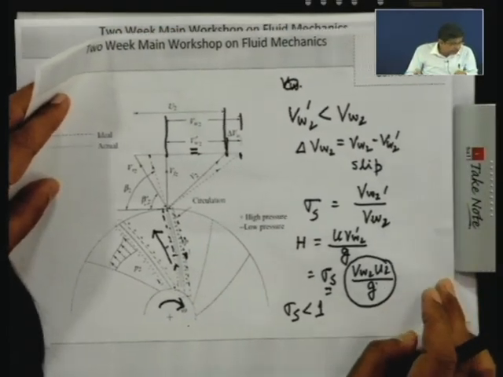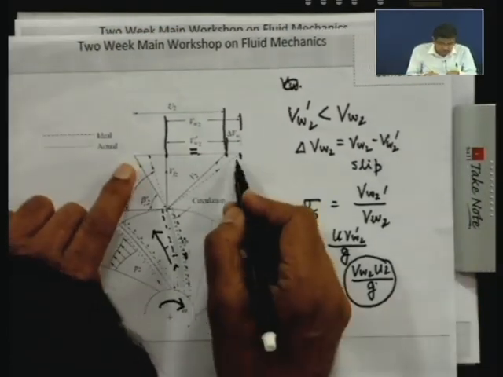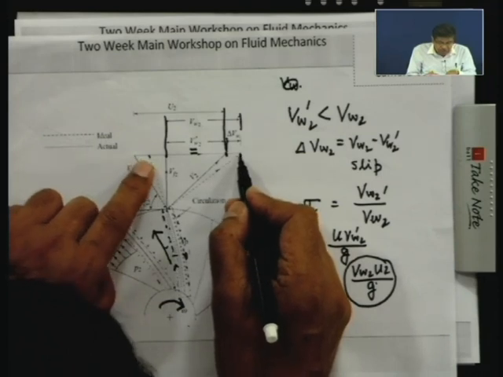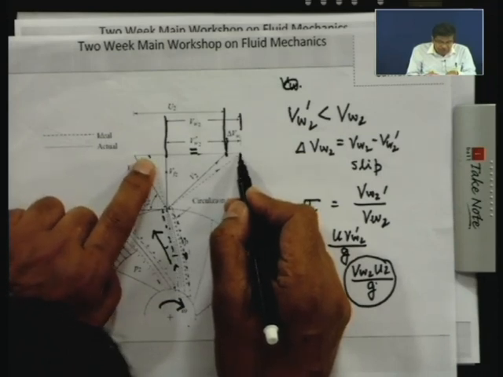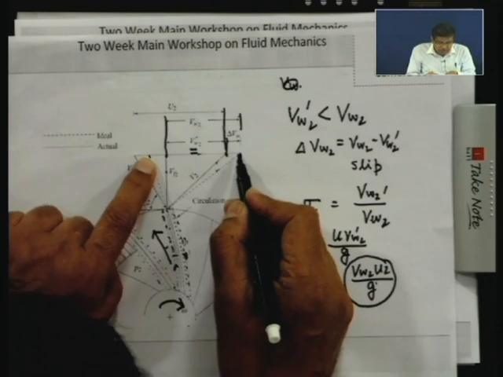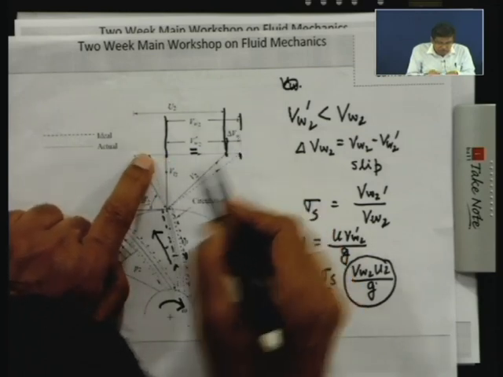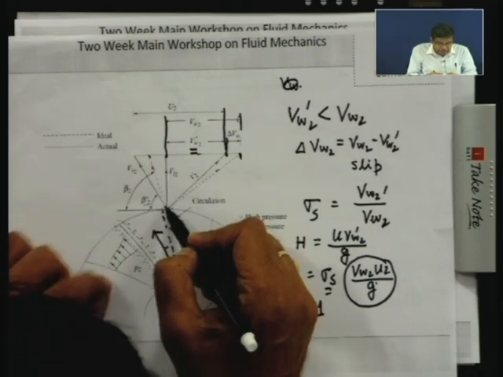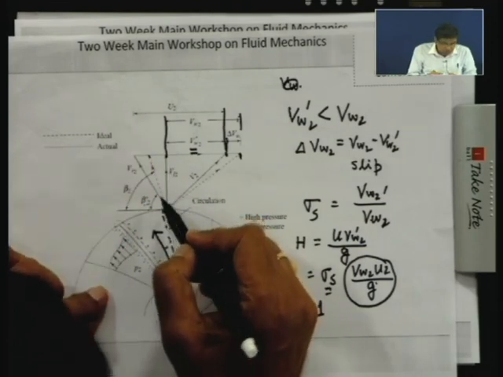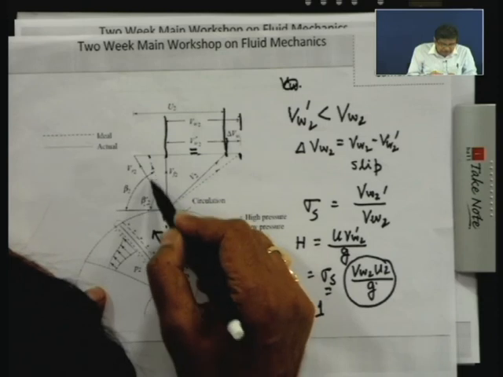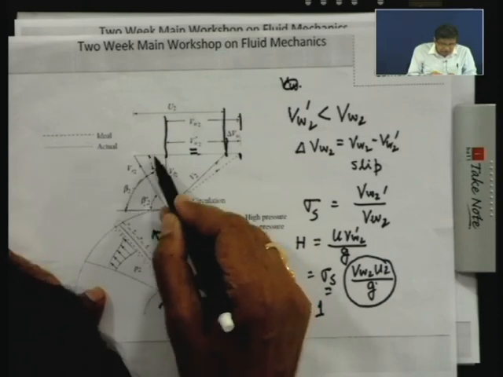What is VW2? Let us consider the ideal one. VW2 is this one, which is U2 minus this one, VF2 cot beta 2, because this is beta 2.